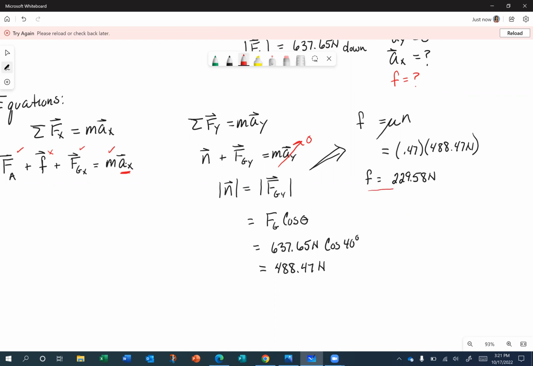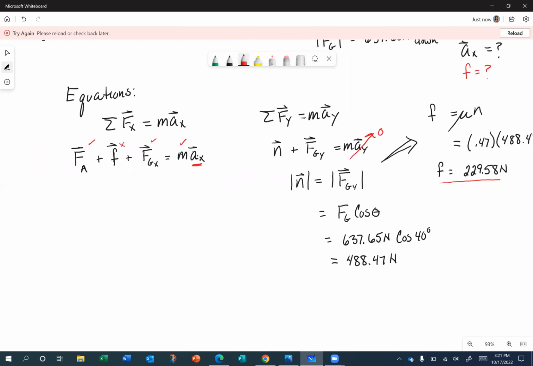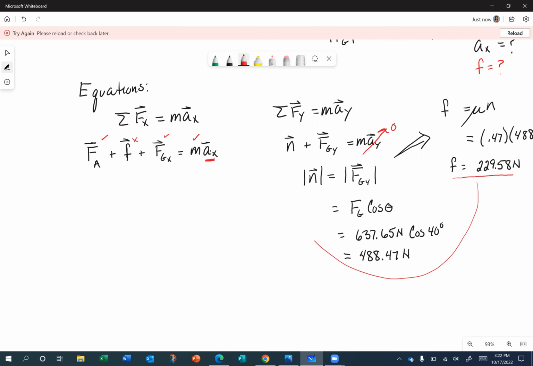So I will use that value now over here, putting that over to solve for my acceleration in the x. So rearranging the equation to get ax by itself, I'm going to have to divide both sides by mass.